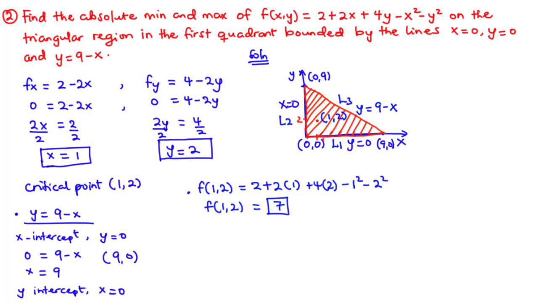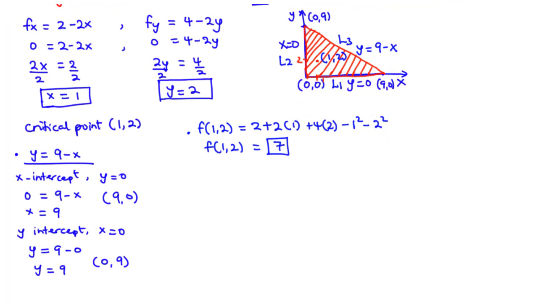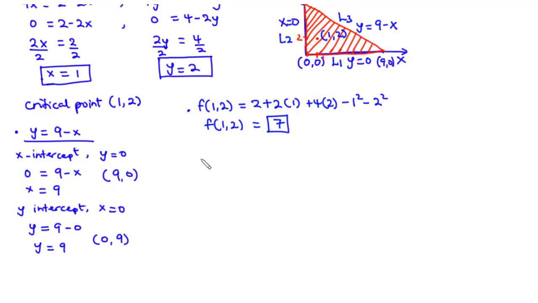So let's consider each of the lines one after the other. For the first line segment, line 1, we have y equal to 0, and x in the interval from 0 to 9 inclusive, so 0 is less than or equal to x is less than or equal to 9.